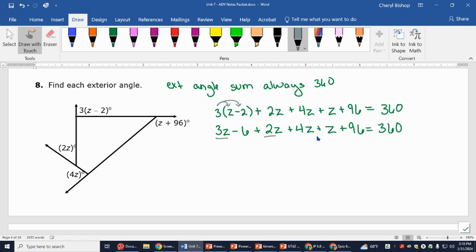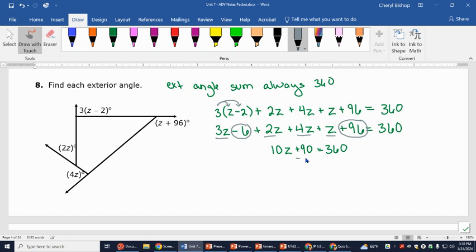Combine my like terms, 3z plus 2z plus 4z plus z. So that's 5, 9, 10z's. Then I'm going to have a minus 6 and a plus 96, so that's going to be plus 90 equals 360.